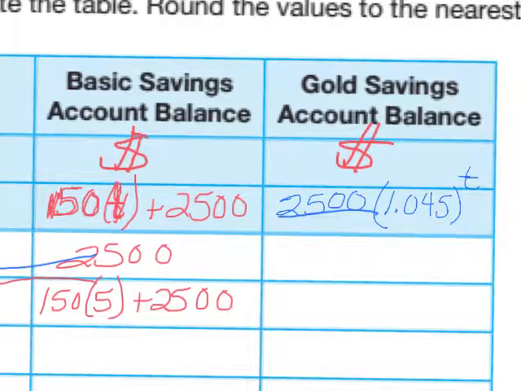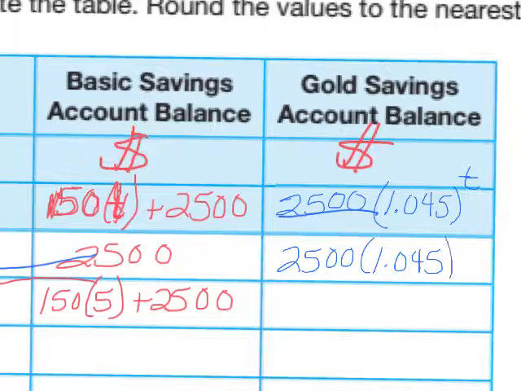So then for the rest of these, all you got to do is use your calculator and type it directly like that, 2,500 times 1.045, and then change the t. Whoops, hold on a second. I think I went a little too fast.